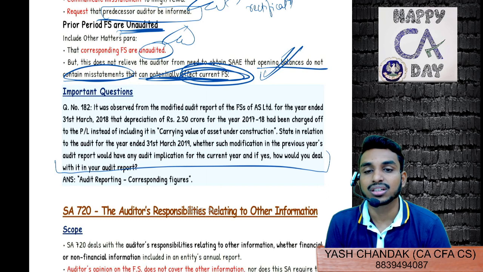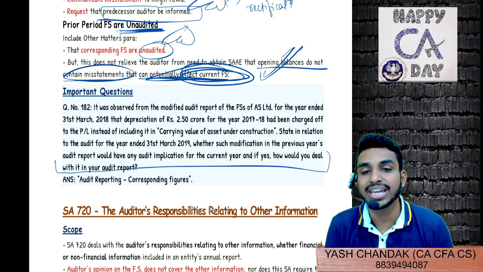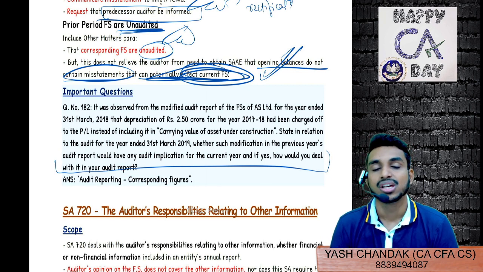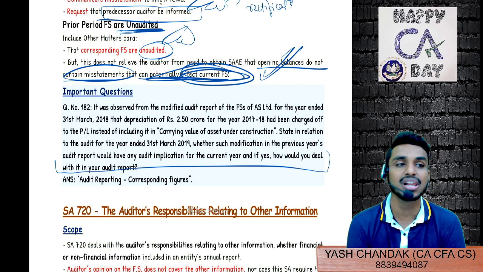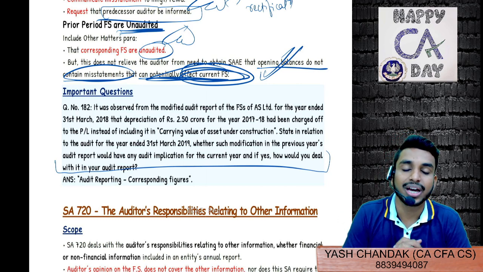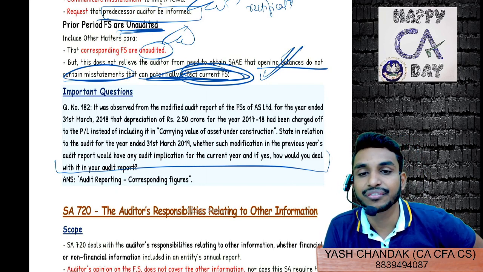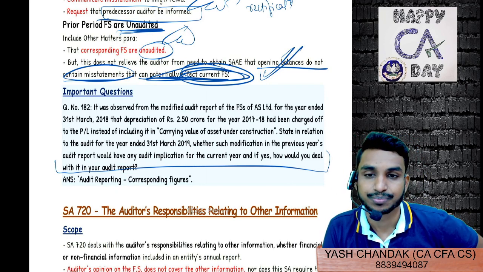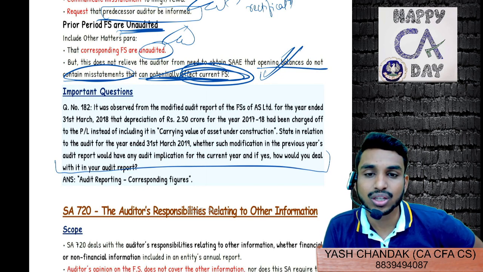Now they are asking whether such modification in the previous year's audit report would have any audit implication for the current year. So you specify that if it is having any audit implication, then we will specify that we are not able to tally current period figures and prior period figures. However, if it is not relevant or not material, then in that case you can ignore the same.